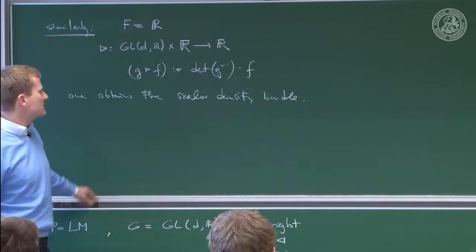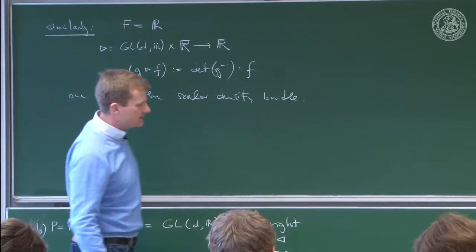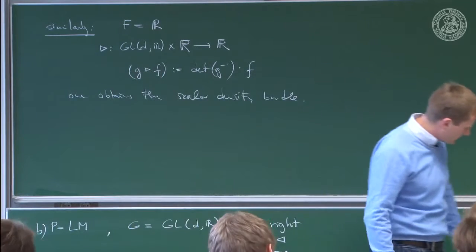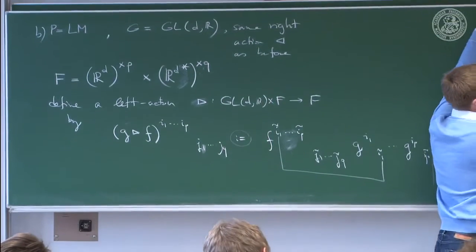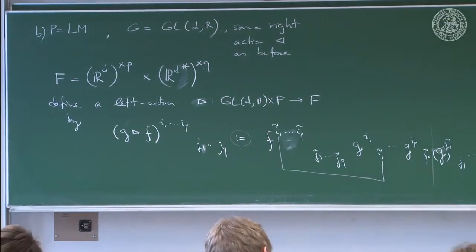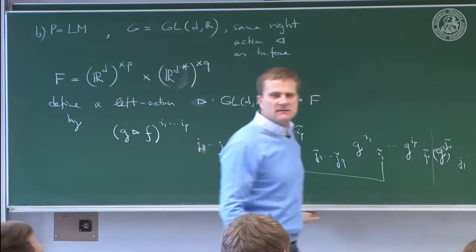So sections of this bundle would be scalar densities, a scalar density field. Sections of the previous bundle would be PQ tensors, and sections of this bundle here are PQ tensor omega densities.